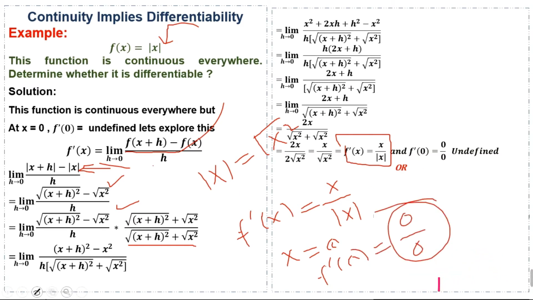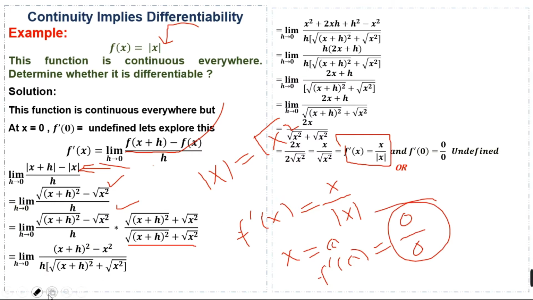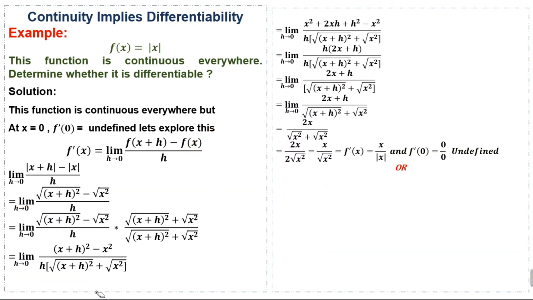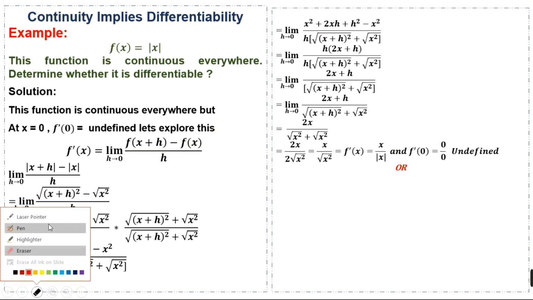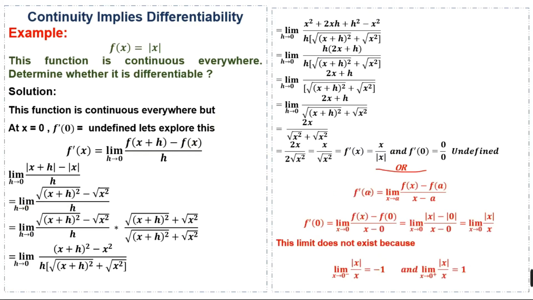Now we also prove this by using another definition of a derivative, that is f prime of a is equal to the limit as x approaches a of f of x minus f of a divided by x minus a. We apply this definition on the given function, and we get the expression as x approaches 0, mod of x divided by x.